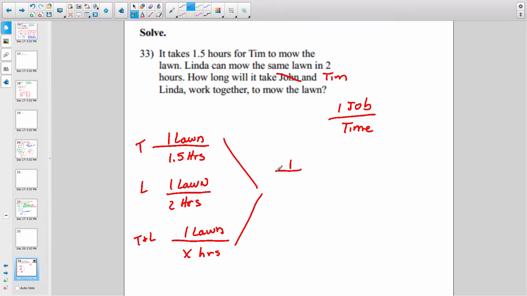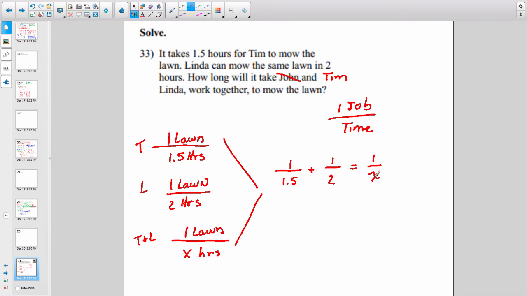So if we add their efforts, 1 over 1.5, that was Tim, plus Linda, she's 1 over 2. Somehow, if we add them, they would be equal to 1 over some value. Hopefully their combined efforts would make it go quicker.